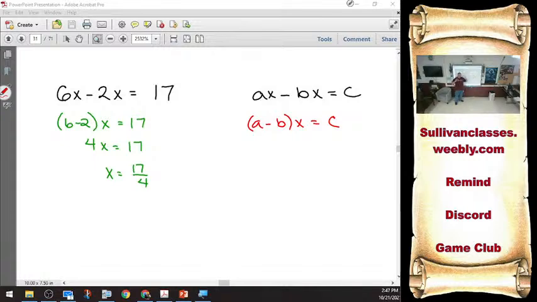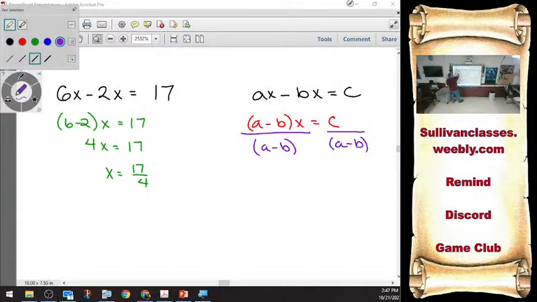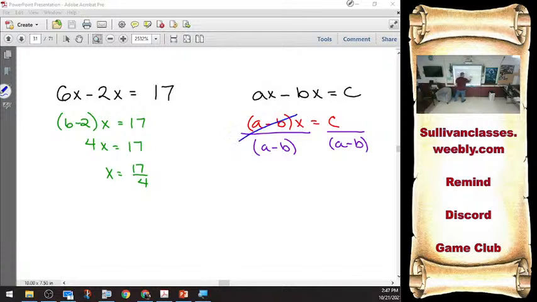The entire a minus b. You divide both sides by a minus b. And they cancel like this. And that's it. That's your answer. It just stays butt ugly like that. C over a minus b. It just stays ugly.